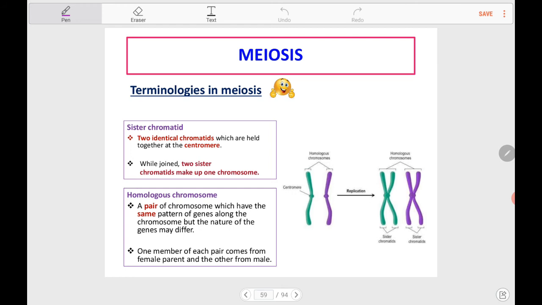Before we go into detail the process of meiosis, there are a few terminologies yang awak kena boleh faham dahulu. So first is sister chromatid. Sama macam proses mitosis, dalam meiosis pun ada structure yang kita panggil sebagai sister chromatids.